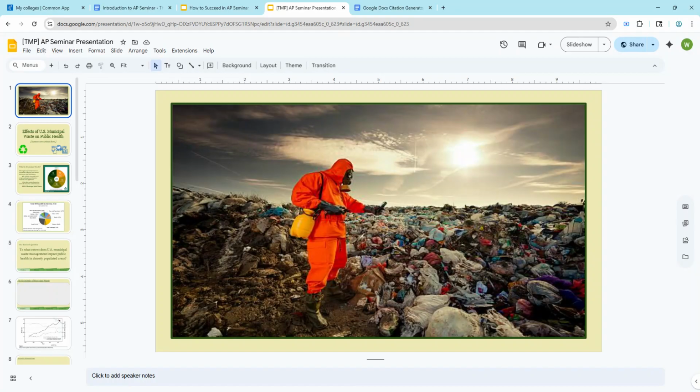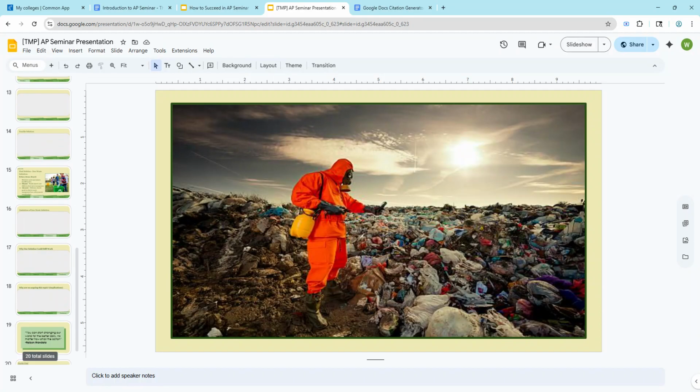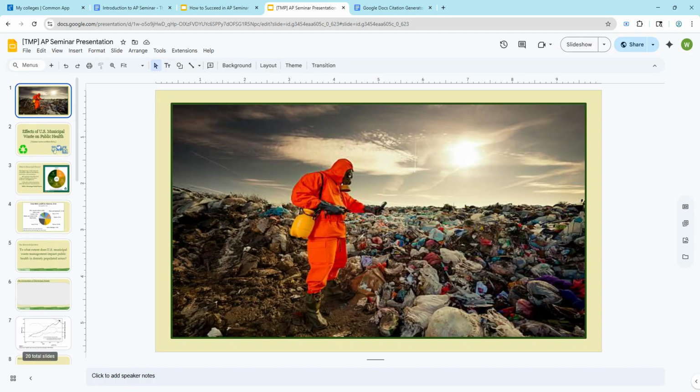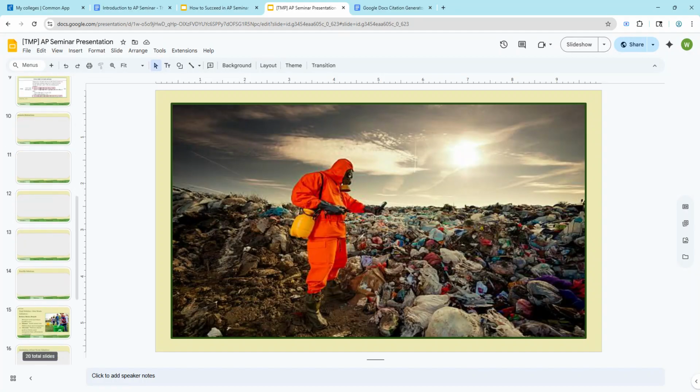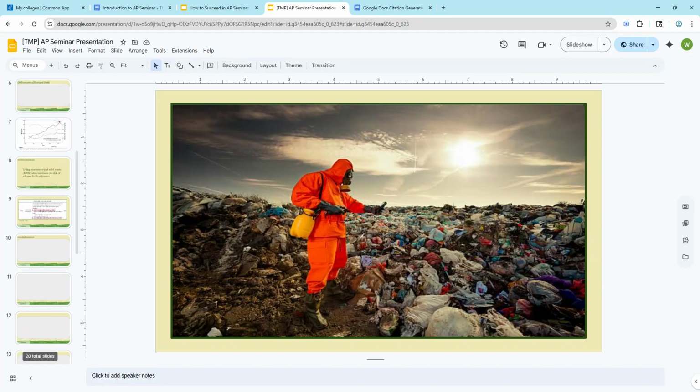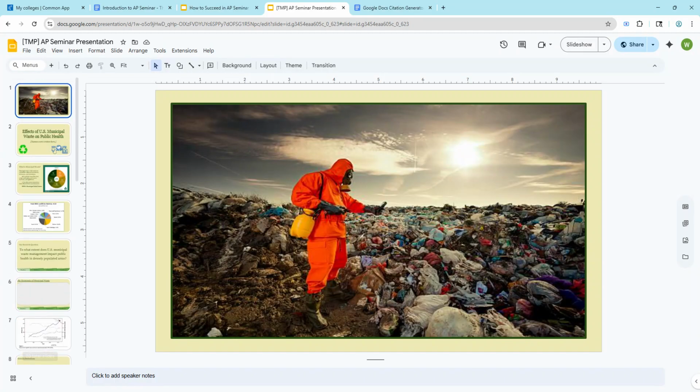So now that we looked at an excellent format, there's one more thing I want to say to you: it's a myth if your teacher says have this number of slides. The number of slides you have actually doesn't matter. If you need more slides so that there isn't clutter on the slides, by all means, go for it.